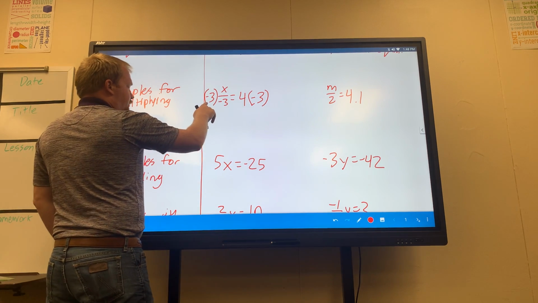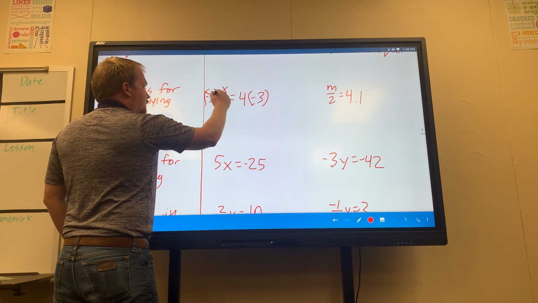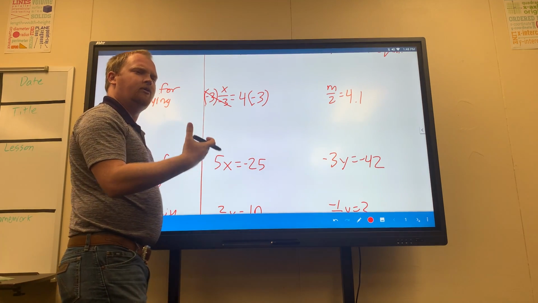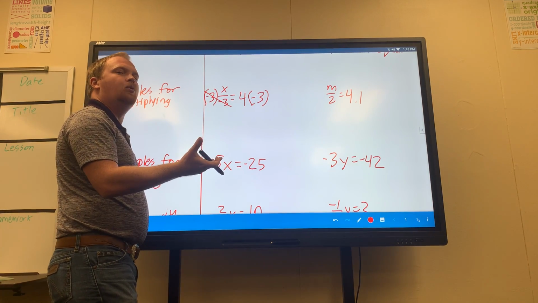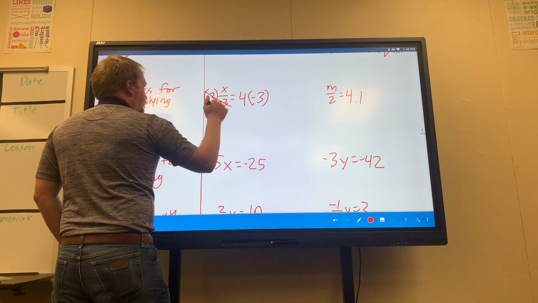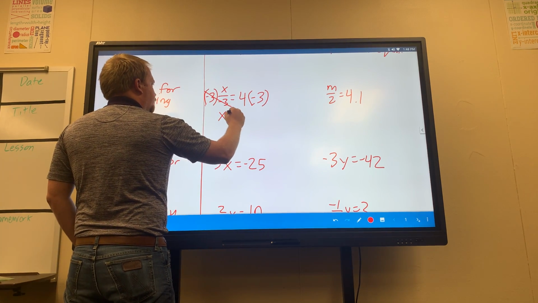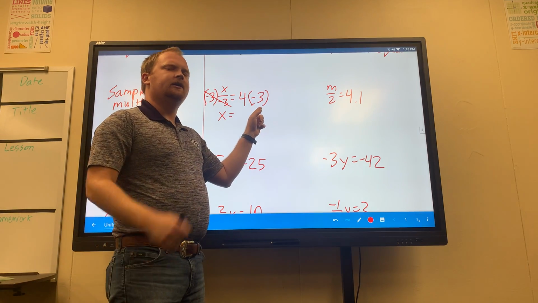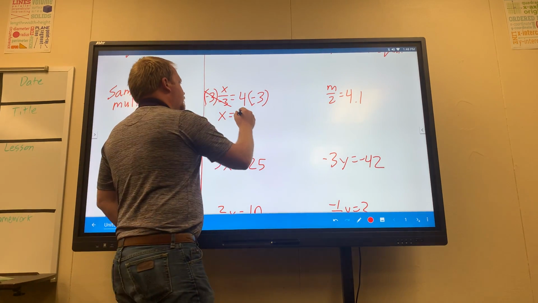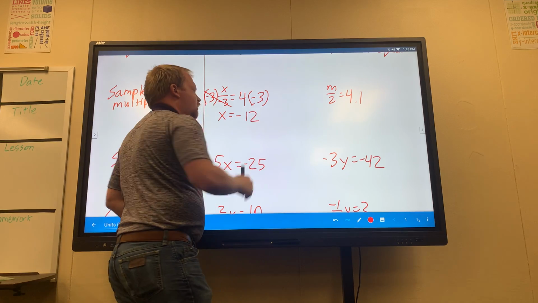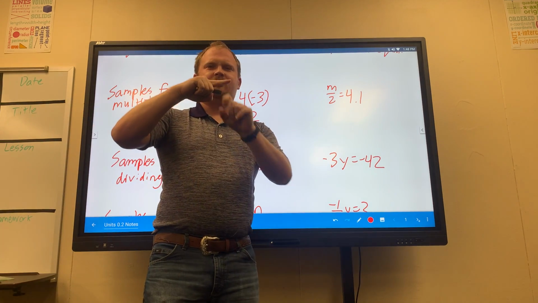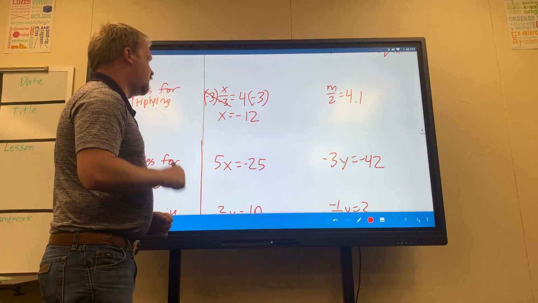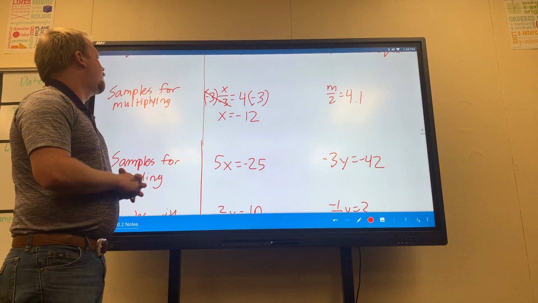Now, -3 divided by -3 cancels out to be 1, so I'm left with x. And 4 times -3 is going to give me -12, because a positive times a negative gives me a negative. So be aware of that.